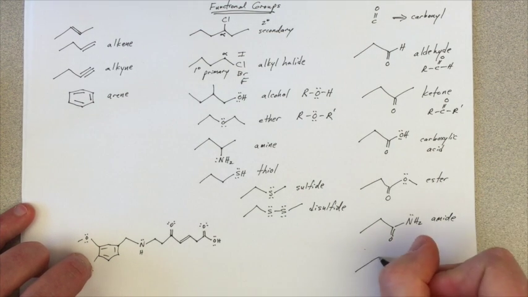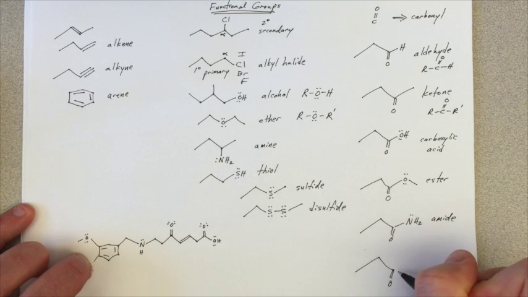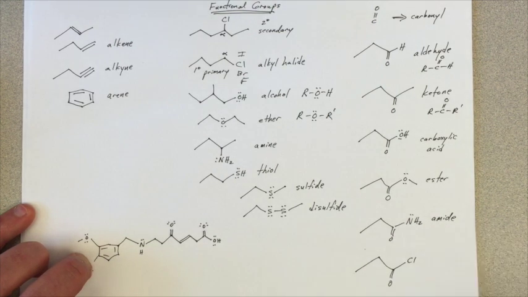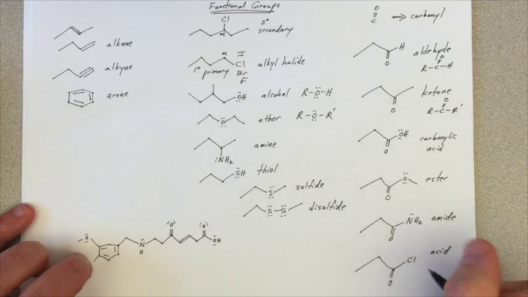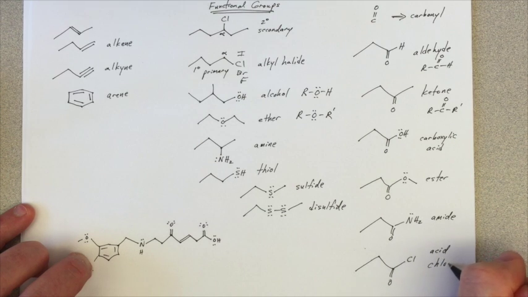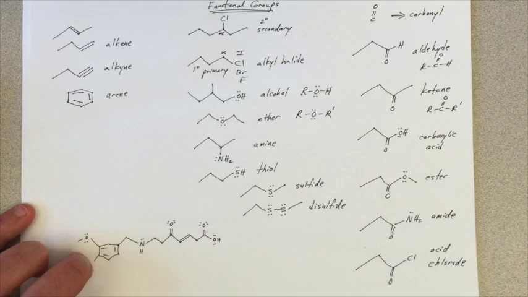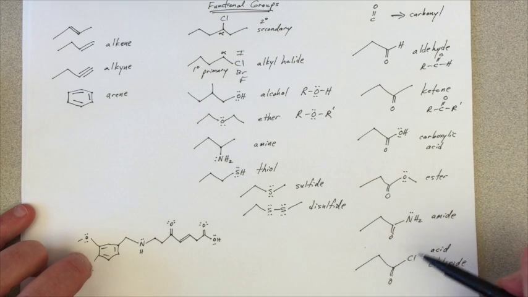And finally, we can put our carbonyl next to our halogen, and we call this one an acid halide, or in this case, an acid chloride. Acid chlorides are the most common ones. They're very useful for substitution reactions that we'll see later in the semester.